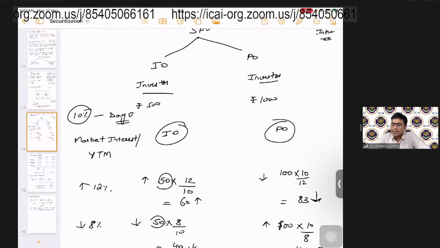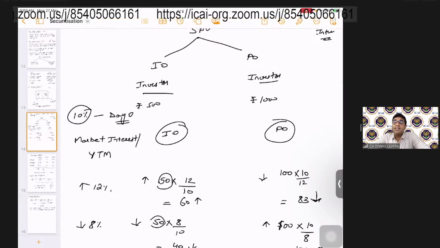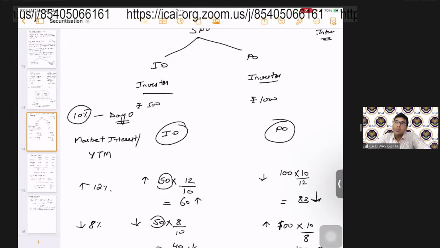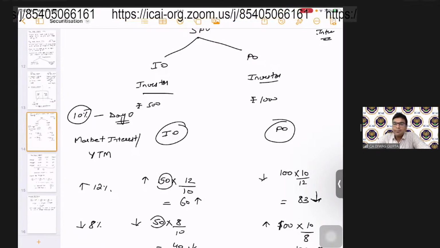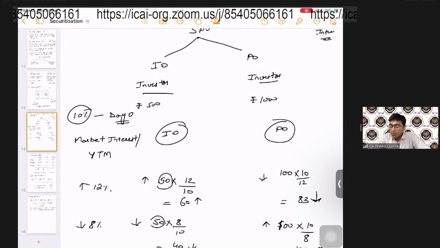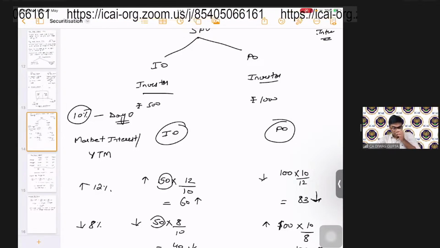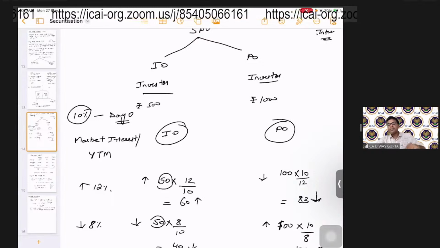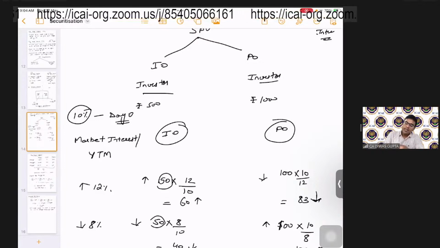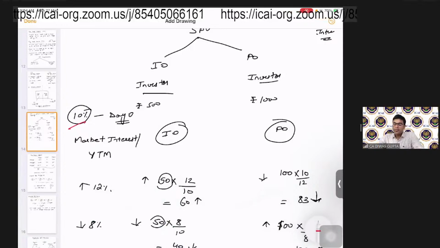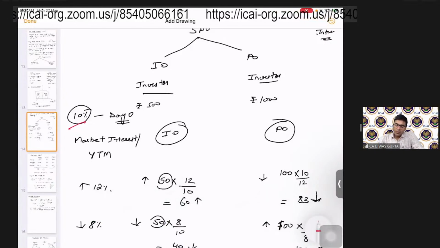And as we know, students, that the prices are inversely related to the interest rates. If interest goes up, prices go down, right? So now how will that have an impact on IO and PO respectively? So let's say 10% is our base percentage. It has moved up to 12%.